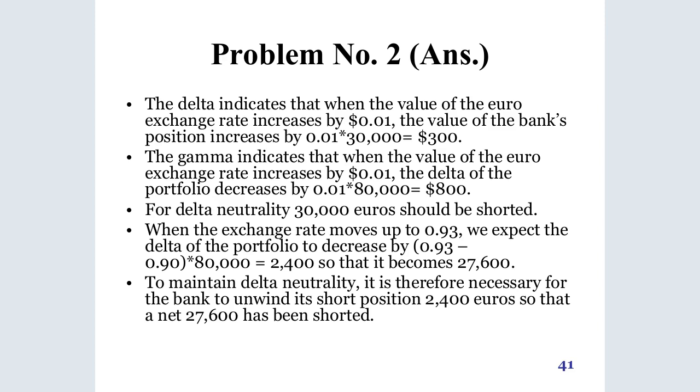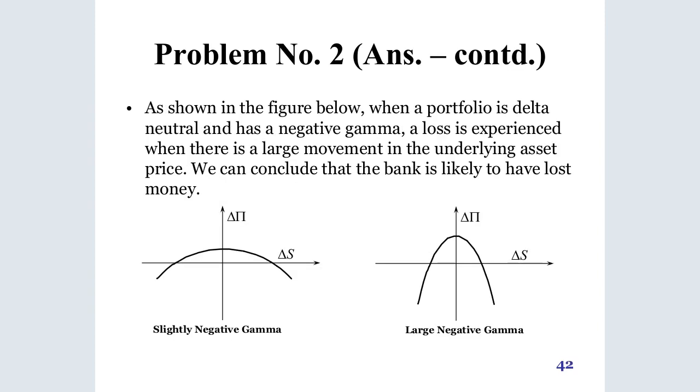Now it has gone down by 2,400, so it becomes 27,600. To maintain delta neutrality, it is therefore necessary for the bank to unwind the short position in 2,400 euros, so that a net position of 27,600 has been shorted. That is what has to be mapped onto this side to ensure delta neutrality.